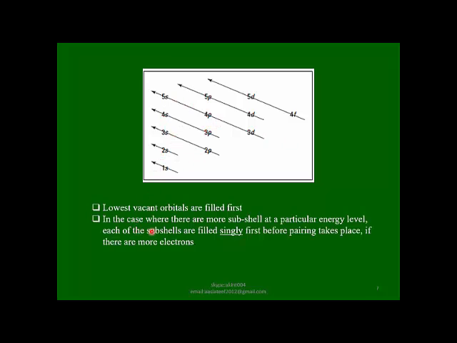Where there are more subshells at a particular energy level, each of the subshells is filled singly first before pairing takes place, if there are more electrons. It is not compulsory that we pair them, but the most important thing is that they must be filled singly first. Then, if we have more electrons, we pair the subshells.